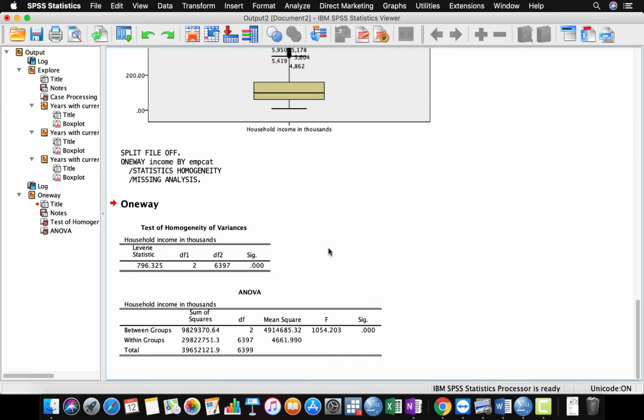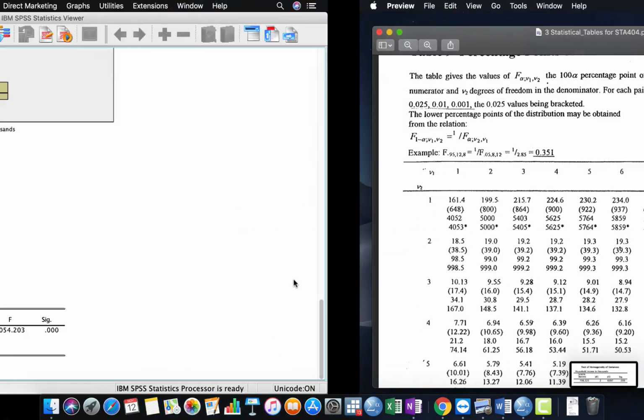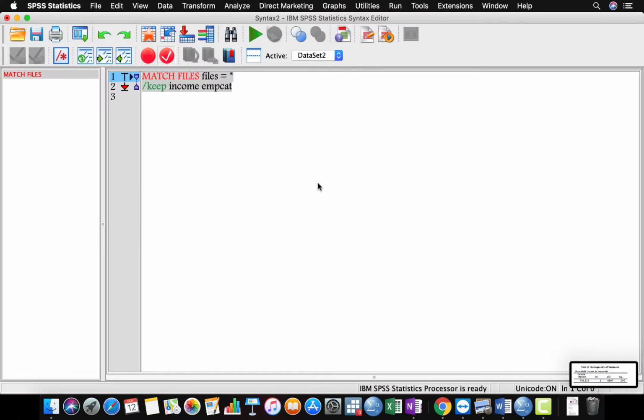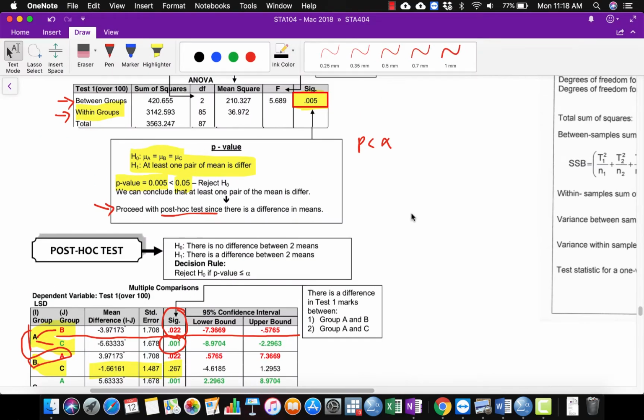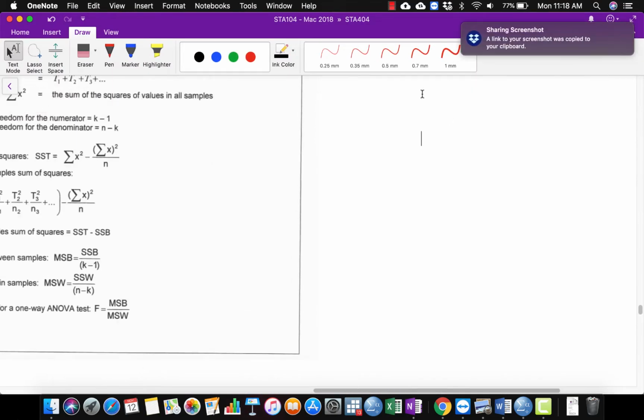homogeneity of variance. If you can remember, for the hypothesis of homogeneity of variance, the null hypothesis is the variances are equal. The alternative hypothesis is the variances are not equal. So if the p-value is less than 0.05, let me copy this one.